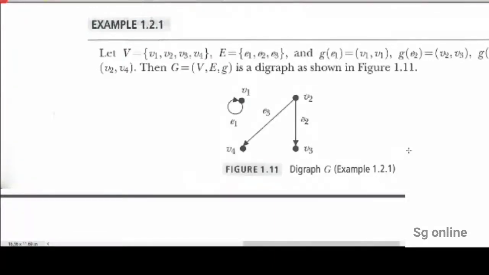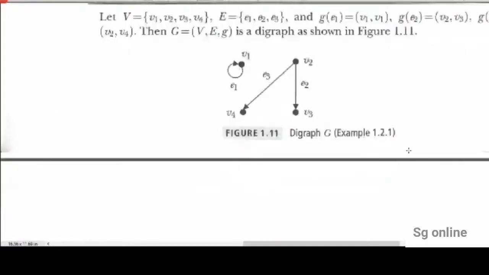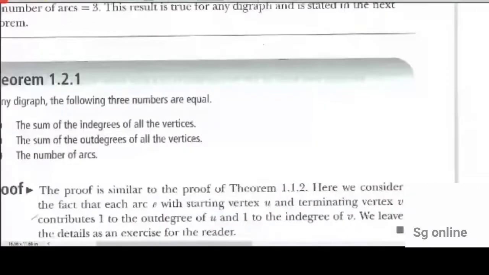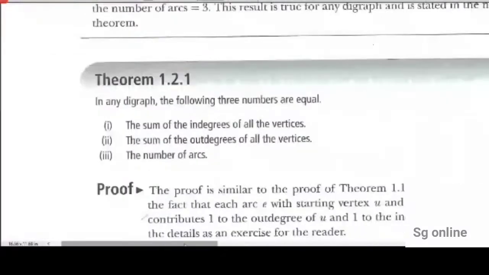So obviously you get the result that the number of arcs is exactly equal to the sum of in degrees and also to the sum of out degrees of the vertices. Like in the undirected graph, where we said the sum of degrees is twice the number of edges, here the sum of in degrees plus out degrees is twice the number of edges, and they are separately equal to the number of edges.